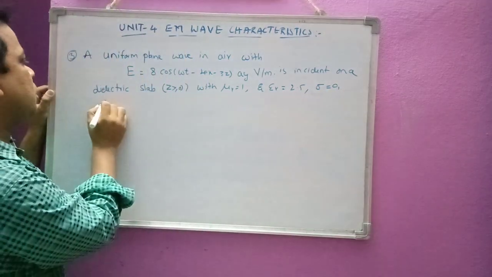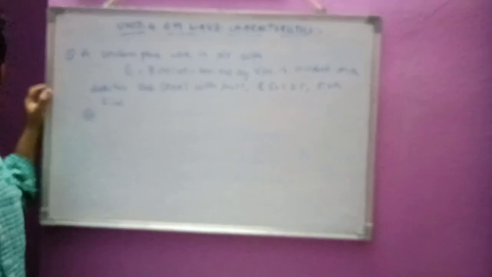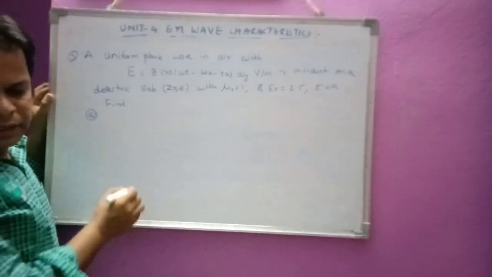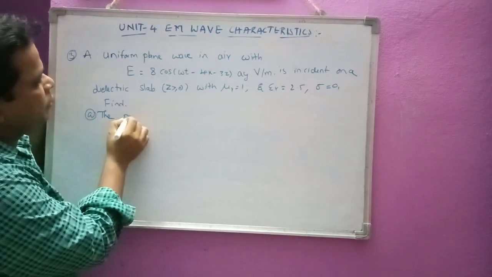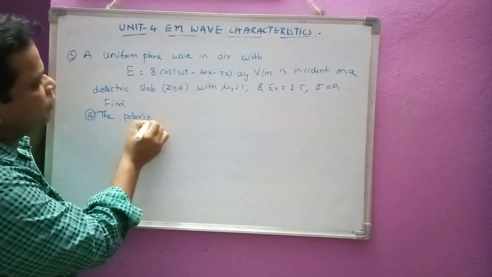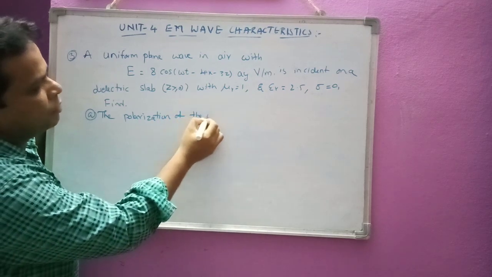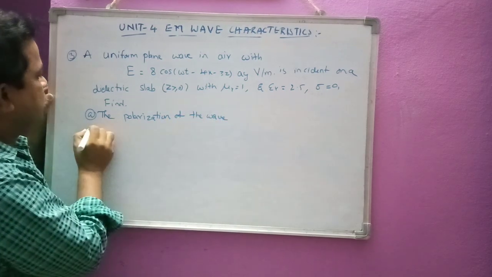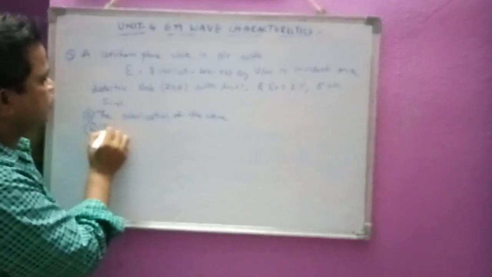Now we have to find the following terms here. We are having 4 terms to find here, that is the polarization of the wave. Next we need to find the angle of incidence.